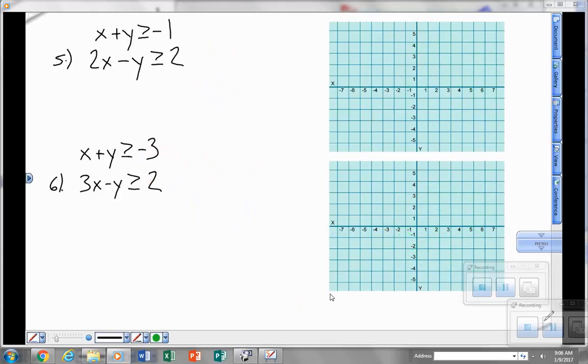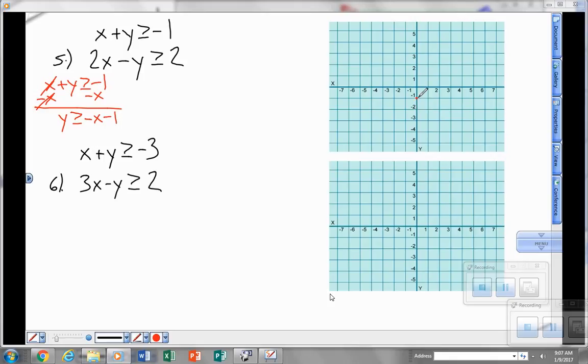All right, 5 and 6, these are not solved for y, so I need to solve both. That first one there, to solve that for y, all I do is take away x on both sides, and that gives me y greater than or equal to -x minus 1, where -1 is my y-intercept. -1 in front of that x is my slope.